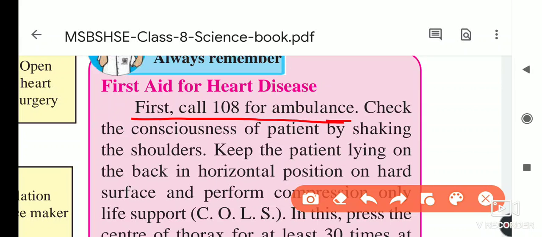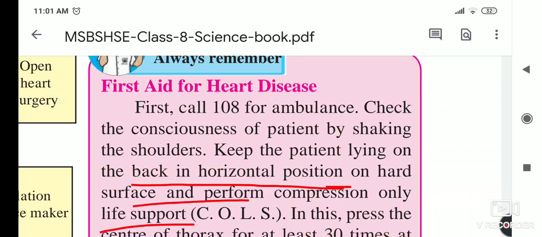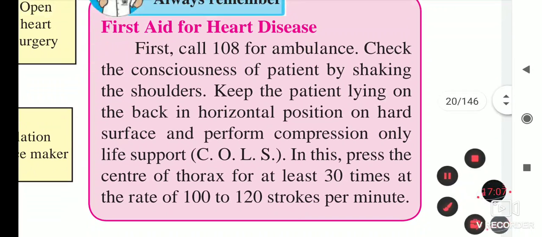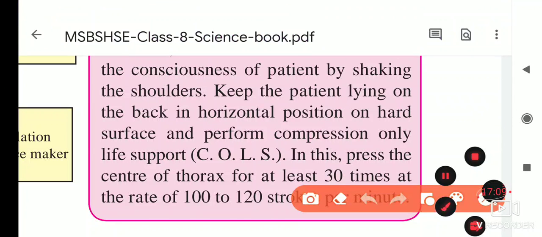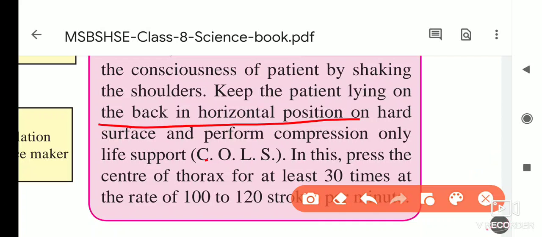Check the consciousness of the patient by shaking the shoulders. Shake his shoulder and see how conscious he is. Then keep the patient lying on the back in a horizontal position, on a hard surface, and perform compression only life support, that is COLS. I showed you the video of this also.